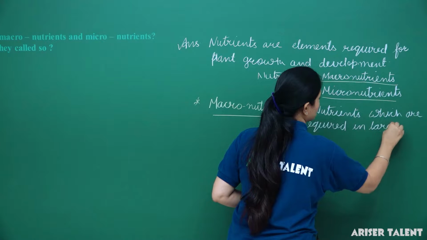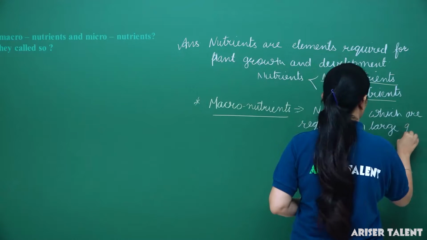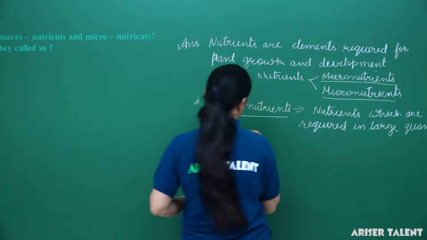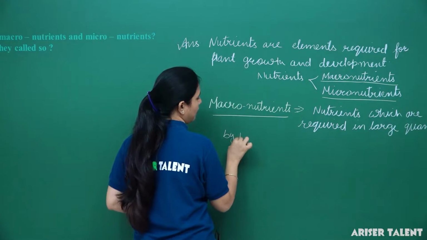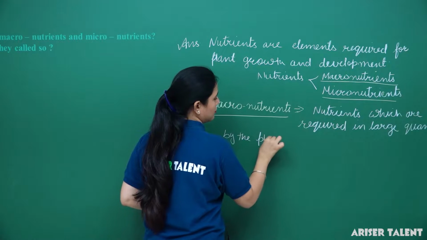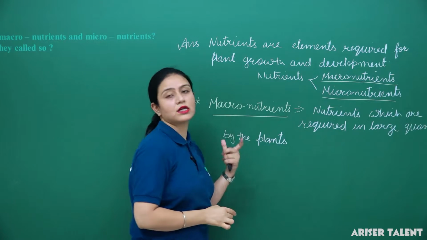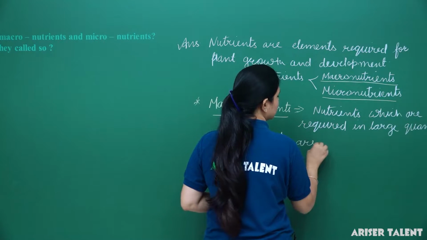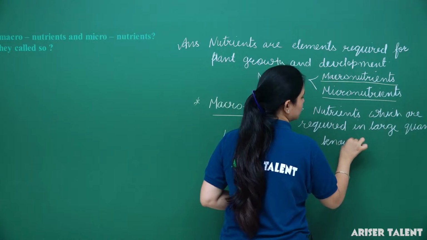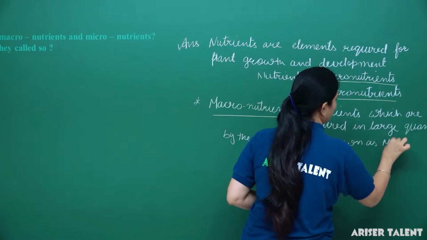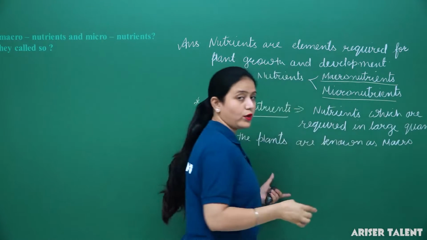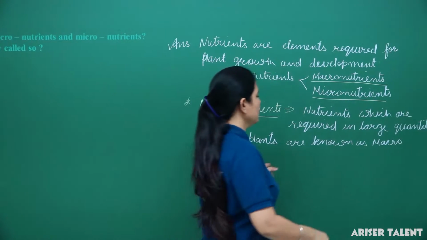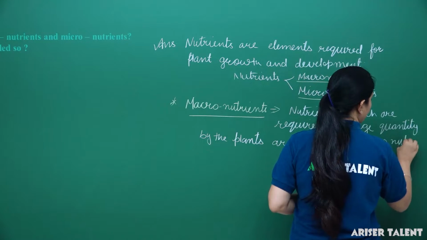Macro means large. So, they are required in large quantity by the plants. Nutrients which are required in large quantity by the plants are known as macronutrients. This is the reason they are called macronutrients.